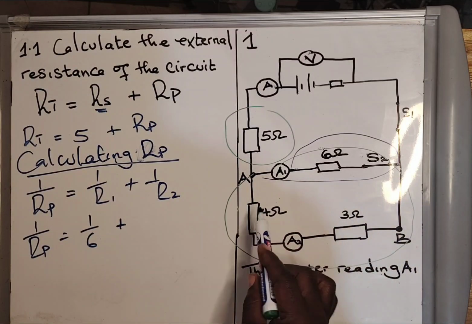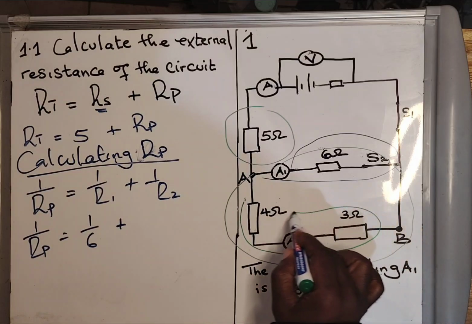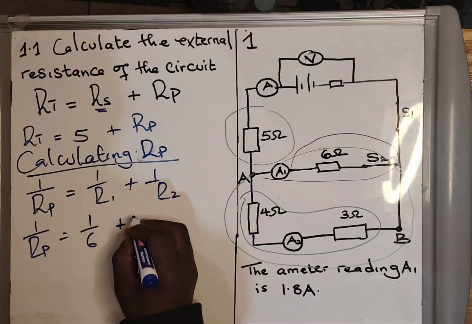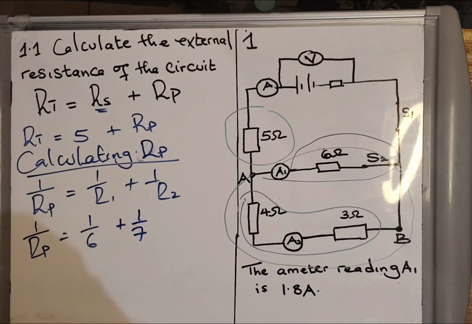So we are going to add these two resistors here to get one resistor which represents them. So when you add 4 and 3, we are going to get 7. So from there, the calculation proceeds.